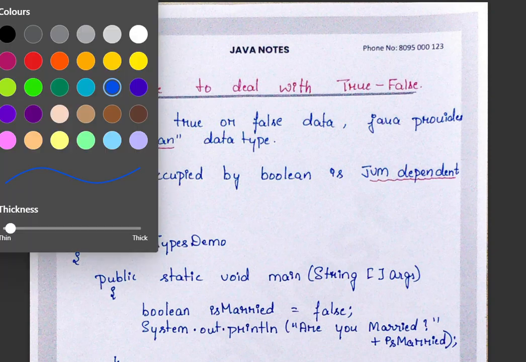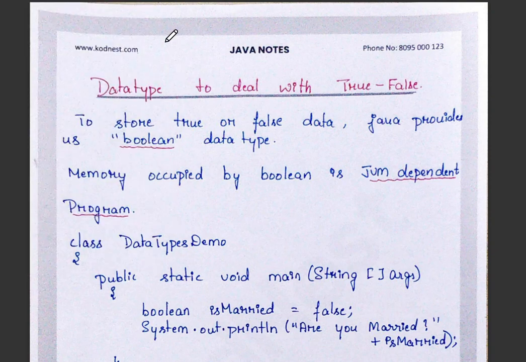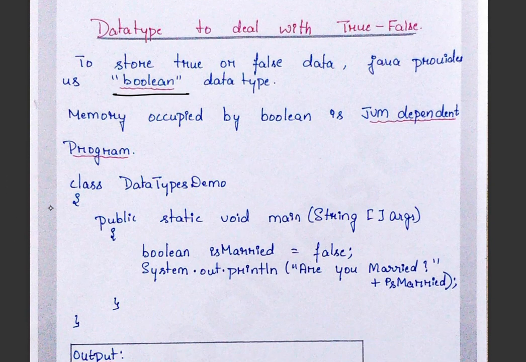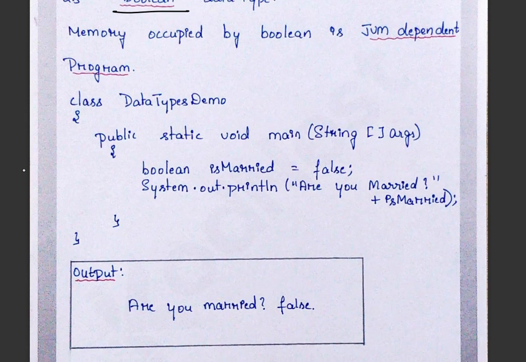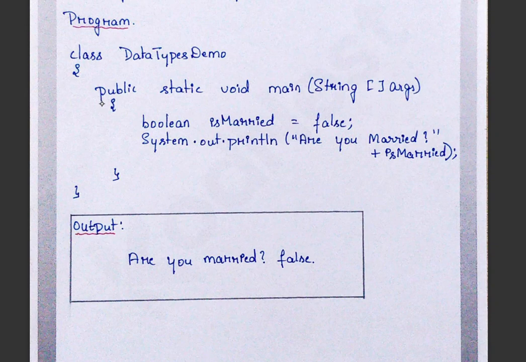And the last one is boolean. Boolean is nothing but a data type to deal with true or false, yes or no. The memory occupied by boolean is dependent. See, this is the program: public static void main, boolean. Here we use boolean isMarried equals false.